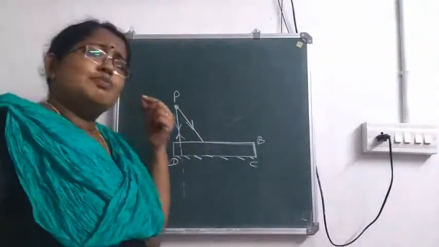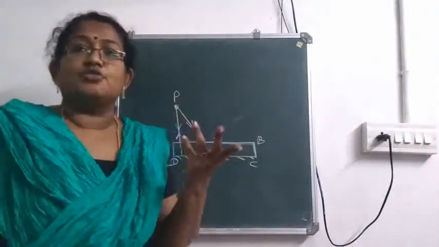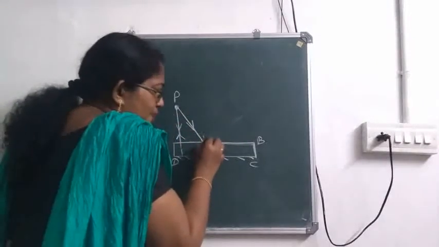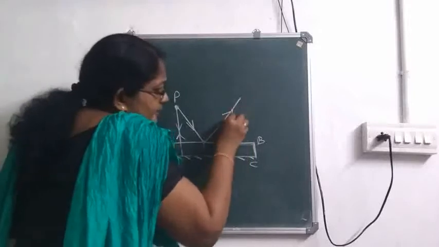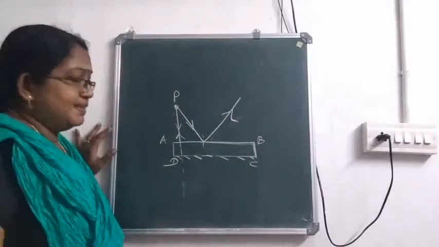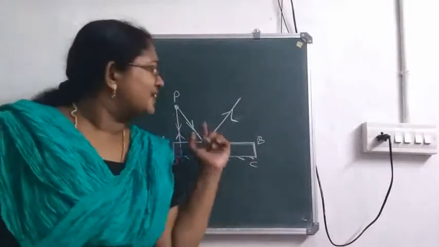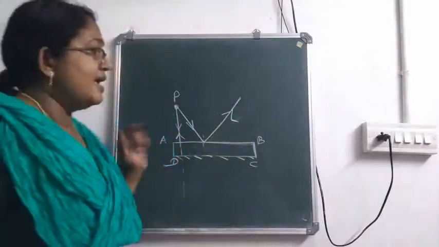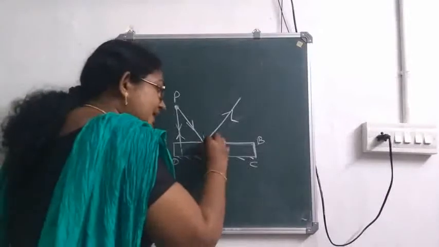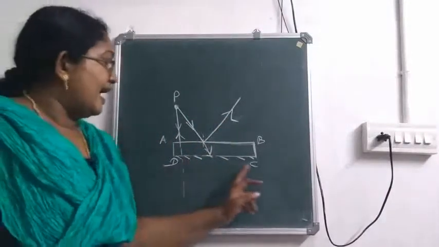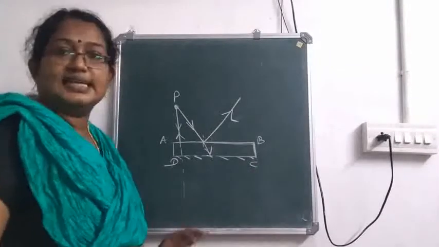So, a small portion of the light ray gets reflected from this part, and it is just a small portion. Nearly 4% of the light ray gets reflected. And what happens to the remaining part? It gets refracted and hits on the surface CD.